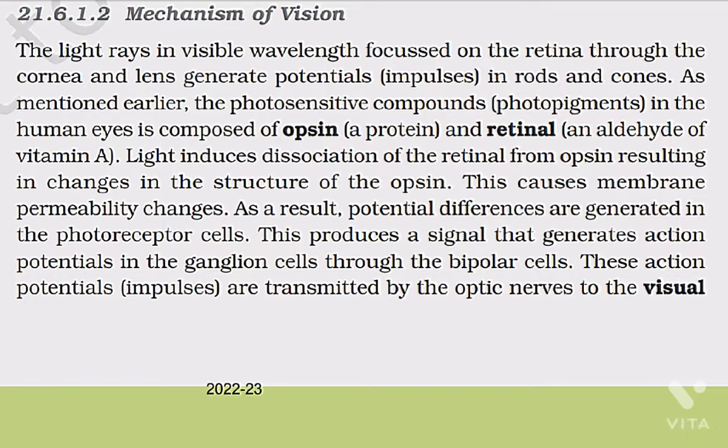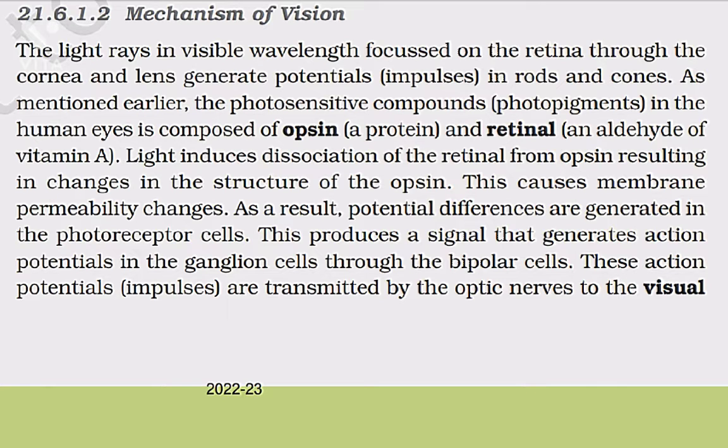As mentioned earlier, the photosensitive compounds, photopigments, in the human eyes are composed of opsin, a protein, and retinal, an aldehyde of vitamin A. Light induces dissociation of the retinal from opsin, resulting in change in structure of the opsin. This causes membrane permeability change. As a result, potential differences are generated in the photoreceptor cells.